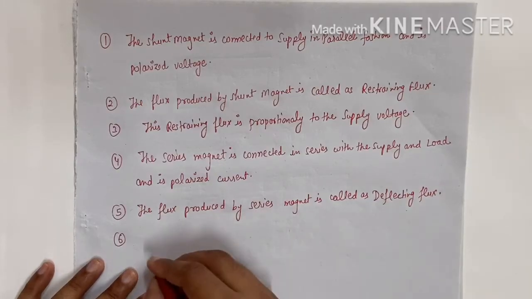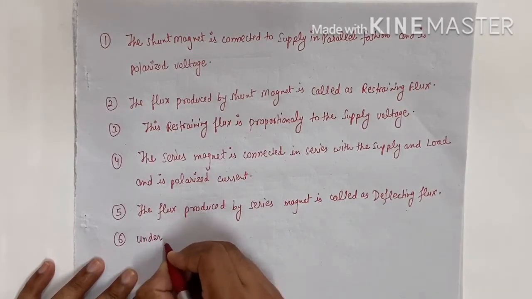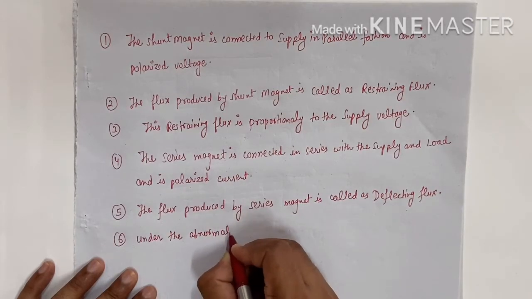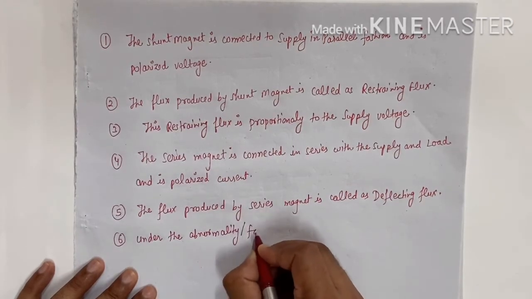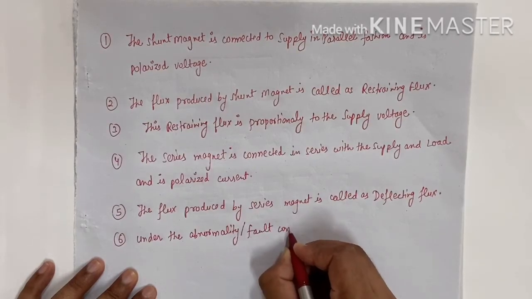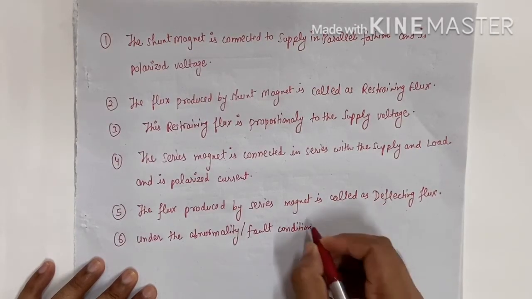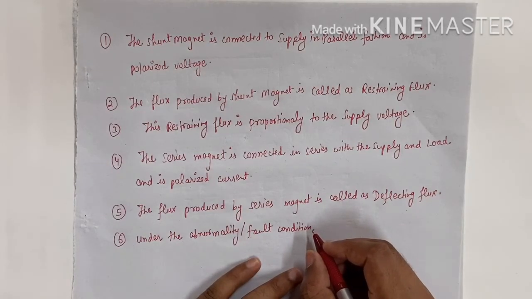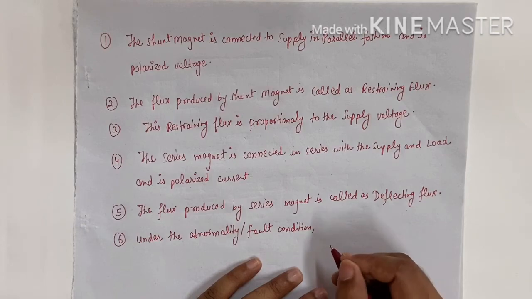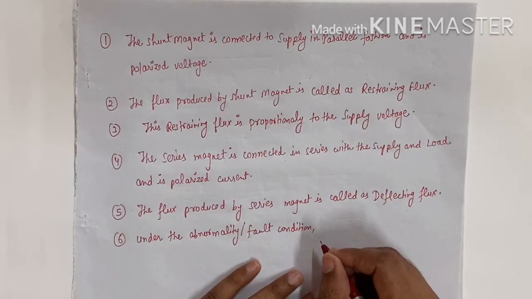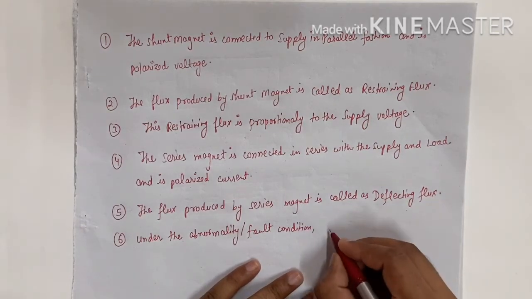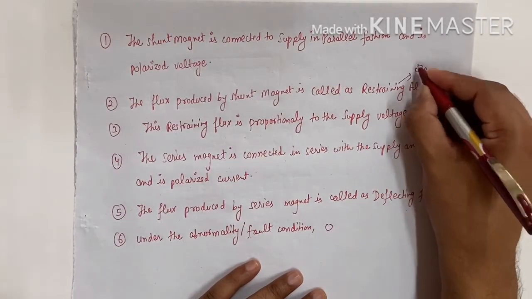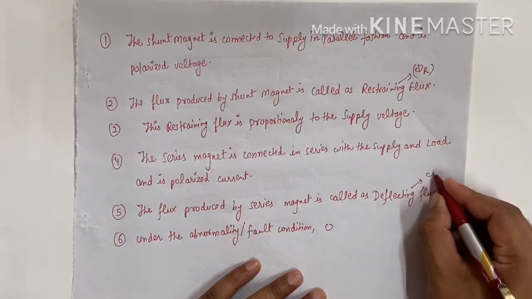rotate the disc. Under abnormality, or we can say fault condition, the deflecting flux and restraining flux exceed the pre-specified value. We can write restraining flux as phi r and deflecting flux as phi d.